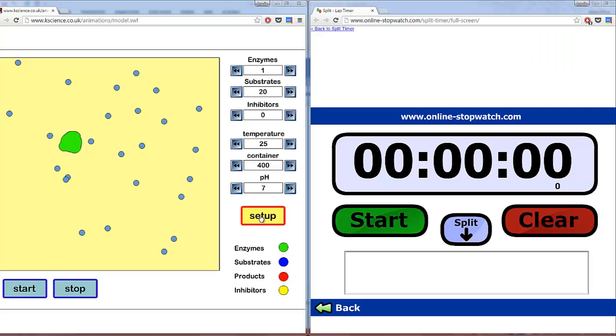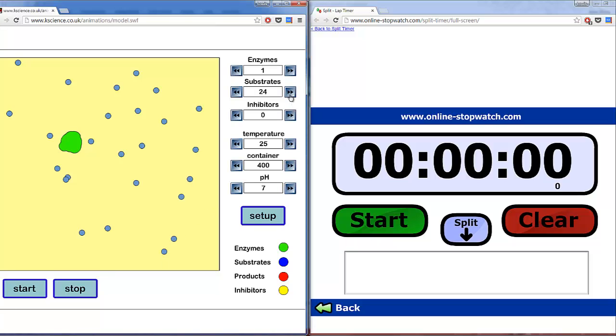Before we talk about the different factors directly, I think you have already tried with me in the lessons in the IT lab with this simulation and the timer here.